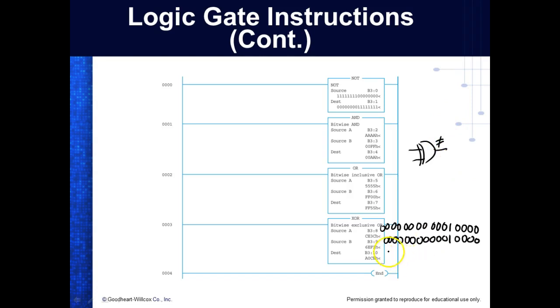Okay. So these are equal, so what would we get? Zero. This is equal, we get a 0. What do we get here? You get a 0.